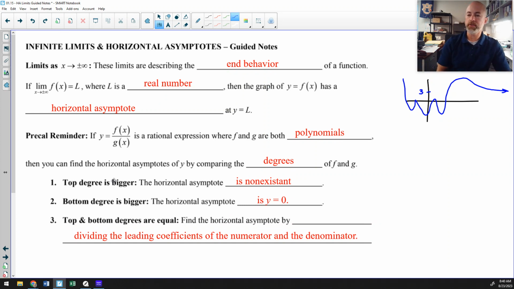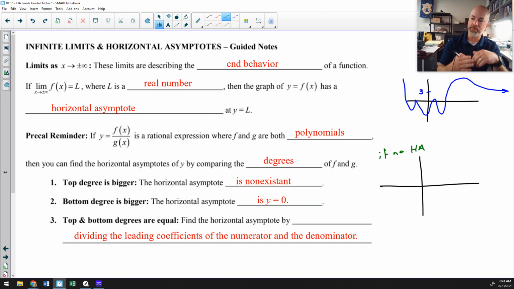So I want to go back and talk about this non-existent asymptote here for a second. If you do not have a horizontal asymptote, that means your function does not level off. So as we keep going over there to the right, your function's not leveling off at a particular y value, which means if you aren't leveling off, you are either going up or you are going down forever.